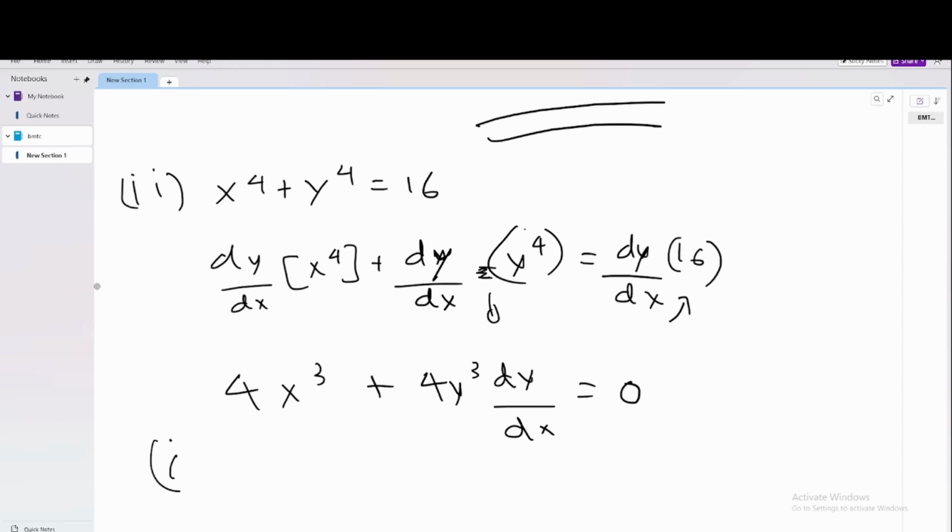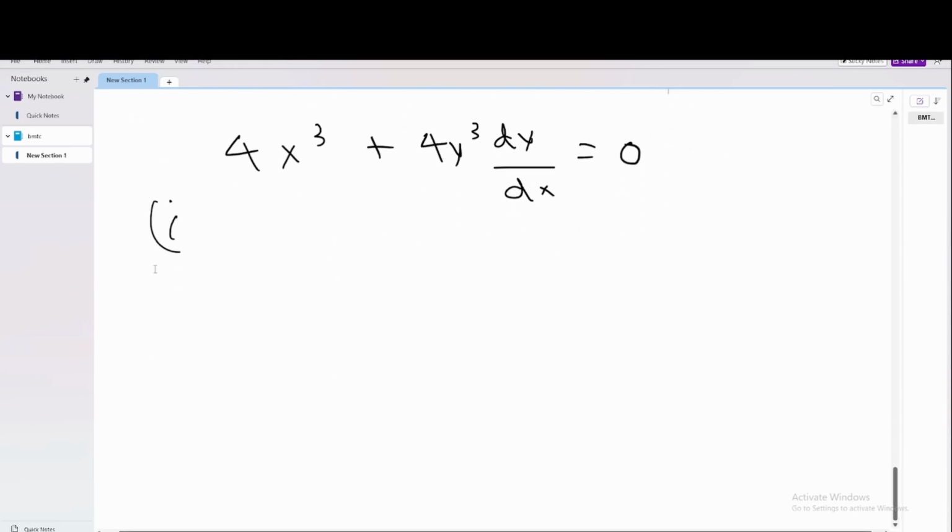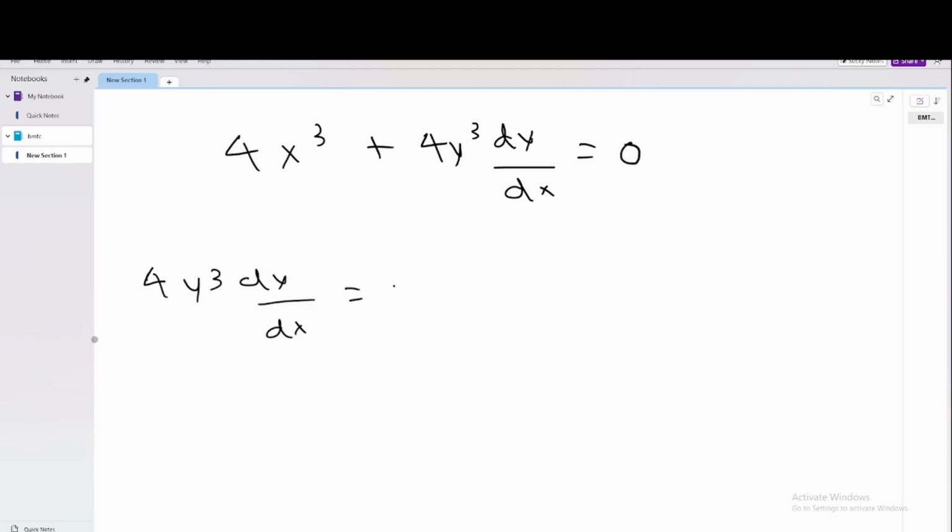So again, rewrite this term as 4y cube dy by dx is equal to minus 4x cube. Here move this term to here.